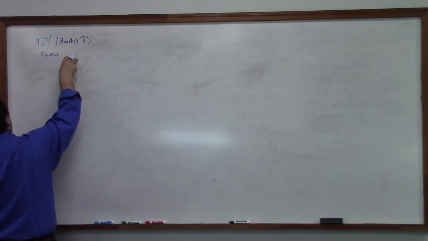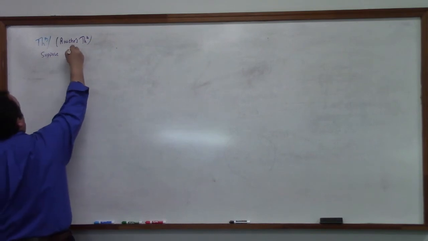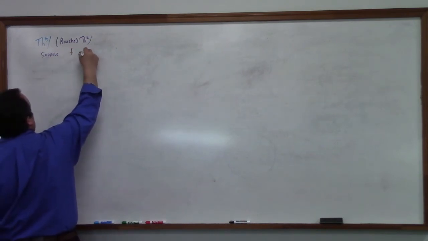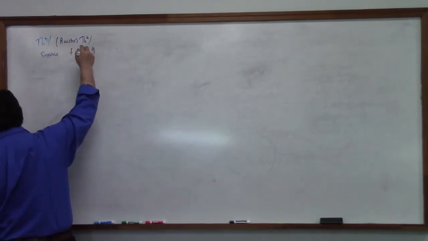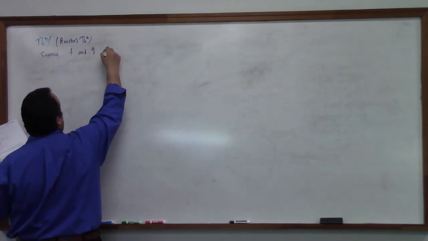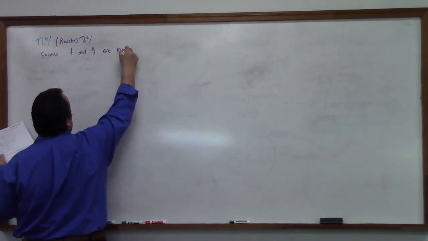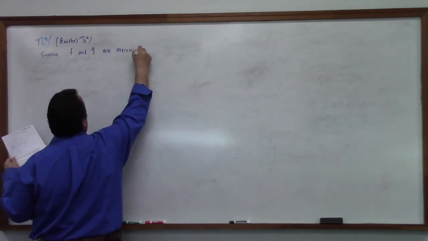This is a more sophisticated version of Rouché's theorem than we stated last time. But I'll state it. Suppose F and G are meromorphic. What's that mean? Analytic with some zeros, but they're finite.